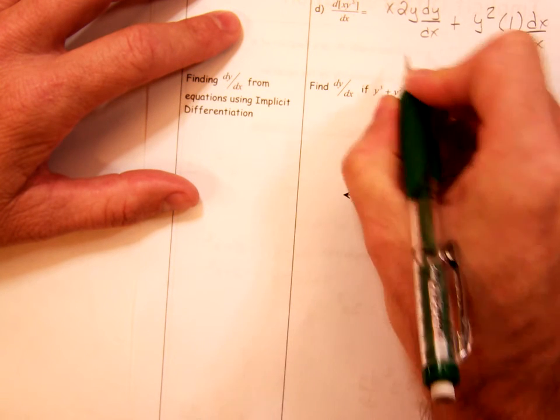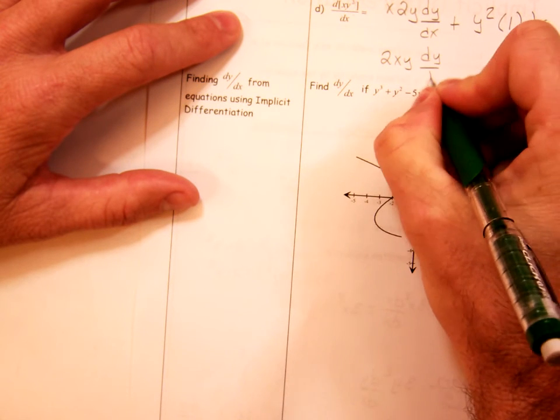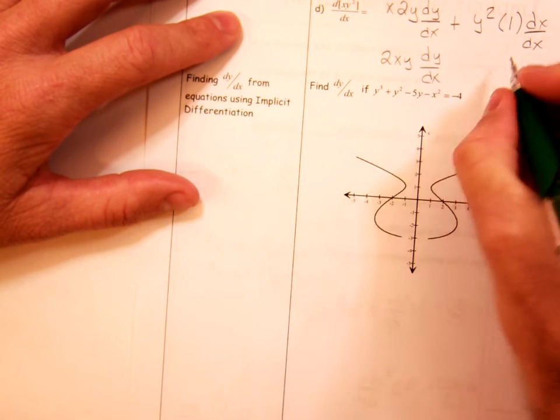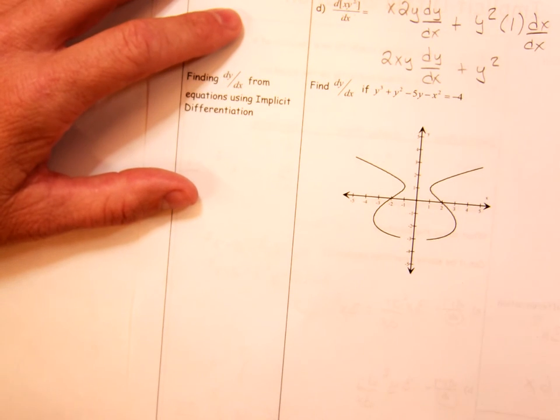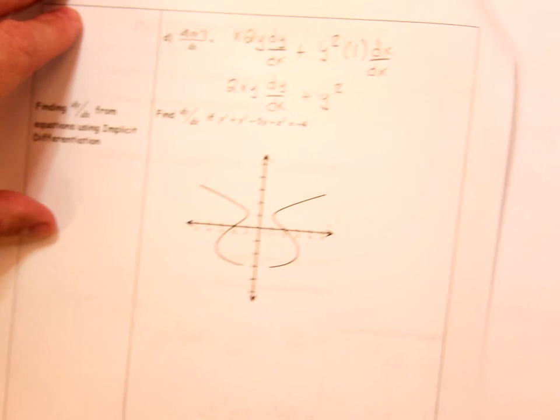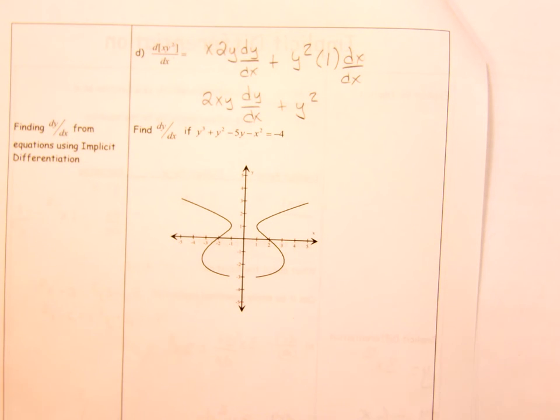So this turns into 2xy dy/dx plus y squared. Okay, we'll get some practice on this. It's going to take a little bit of practice.